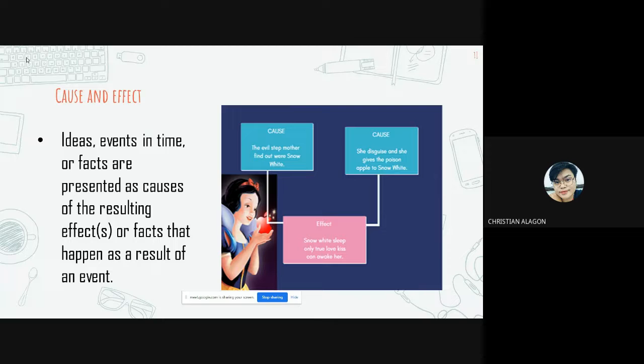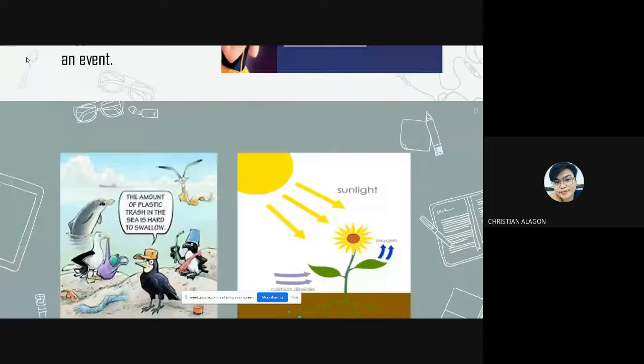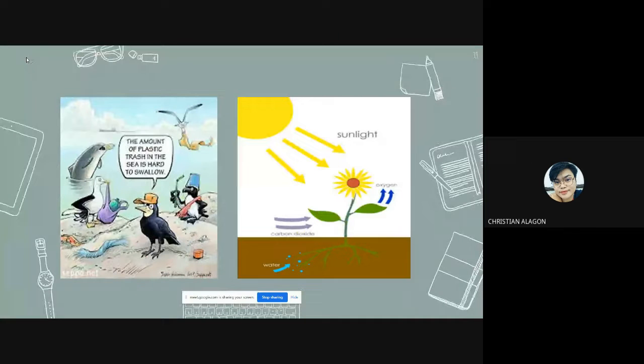So that is the cause, what her stepmother did to Snow White, and the effect is she fell asleep from the poison.